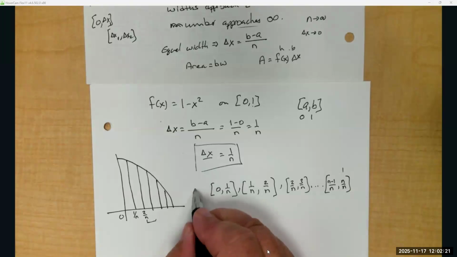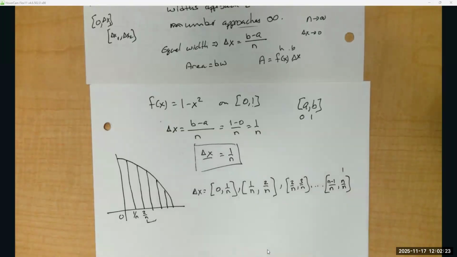So these are our delta x's. They're all equal width. Now, in each of these, since we're looking for the lower sums, which one of these values is going to give us a lower sum, the left or the right? The left. Are you sure?